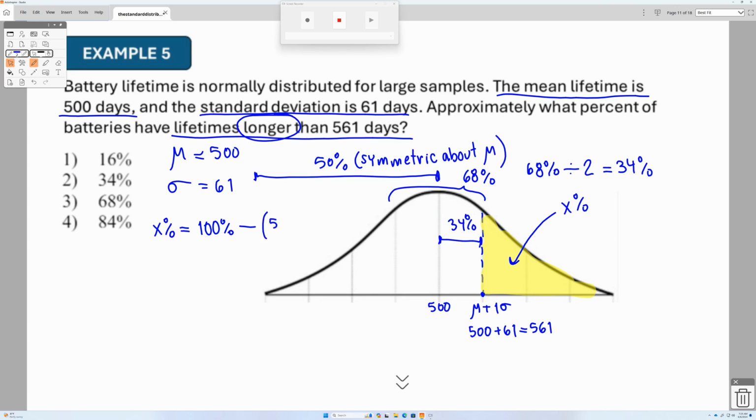The shaded area contains the difference between 84% and 100%, which is 16%. About 16% of the batteries have a lifetime longer than 561 days.